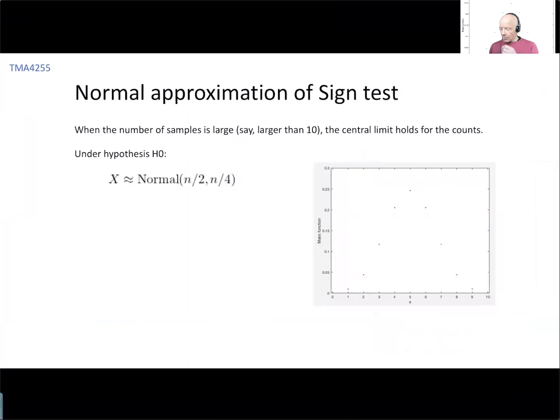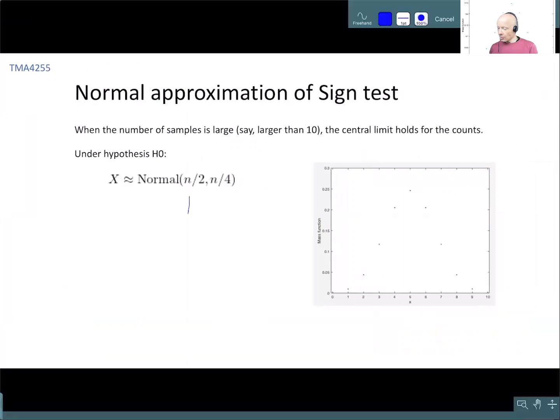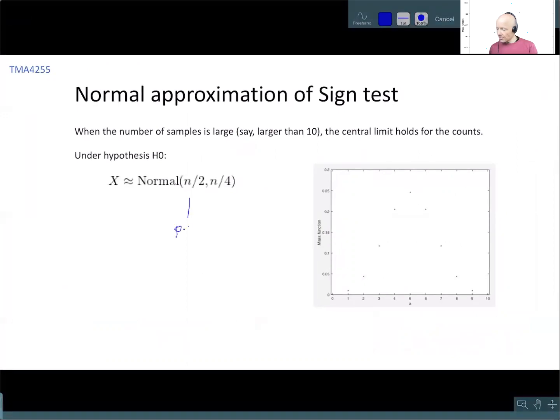Under this hypothesis, we have a mean value of the binomial, which is p times n, here n/2. And we have a variance that's p(1 minus p)n, which is here n/4. That was the mean and variance of the binomial. And then we can compute probabilities using the normal distribution instead of the binomial, if you like.